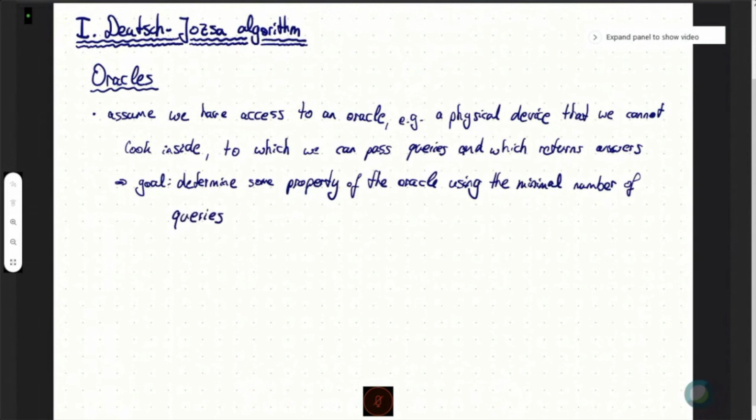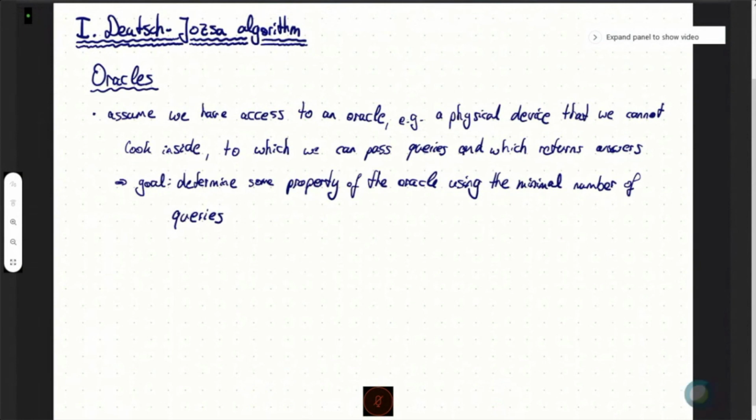This might sound like cheating. Okay, we have quantum algorithms and we just have some oracle that can perform any task we want. And with this, we can solve some problems much faster than classical algorithms. And I agree, this sounds very weird.